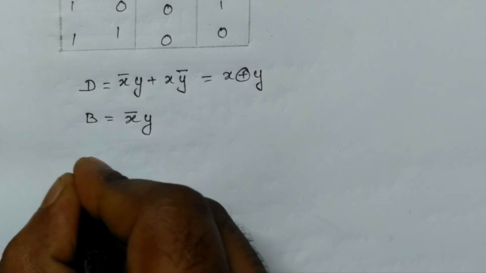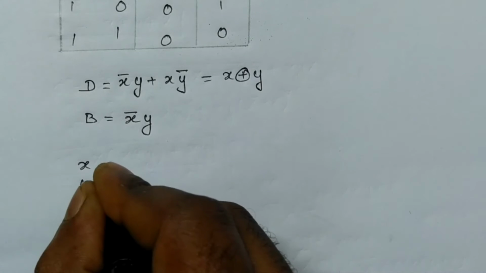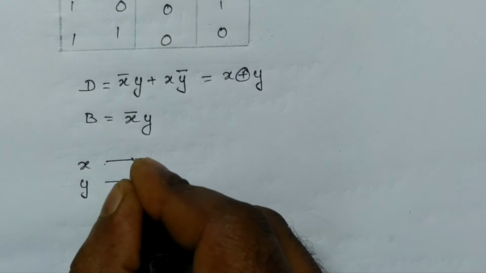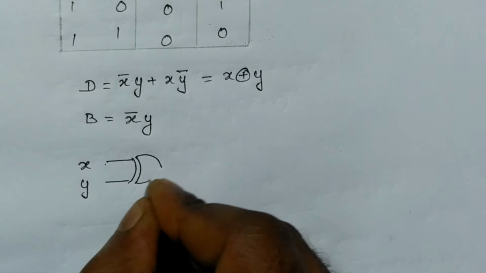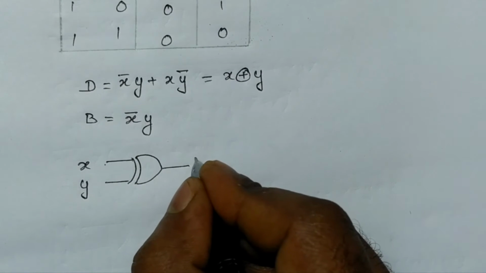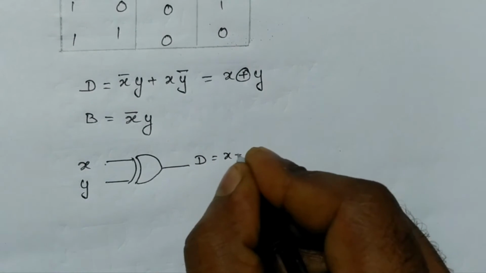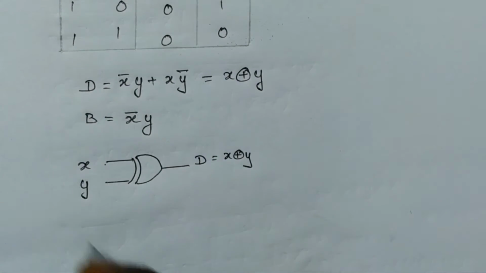Here the inputs are x and y. Here we are having XOR operation, which gives the result as difference, which is nothing but x XOR y.